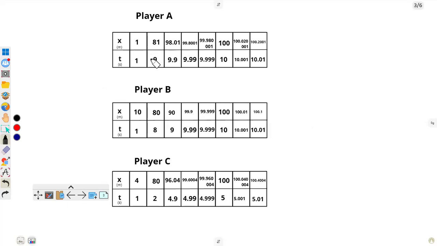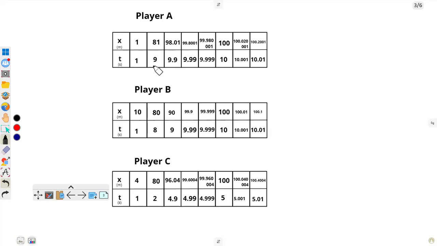Here we have player A. At t is equal to 1 seconds, player A was at x is equal to 1 meters. We have a limited amount of data, and we are the judges of the race, so we have to figure out who won the race based on this data.